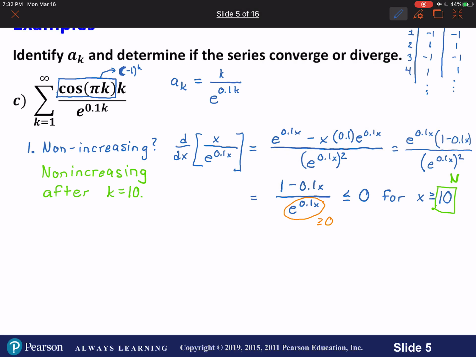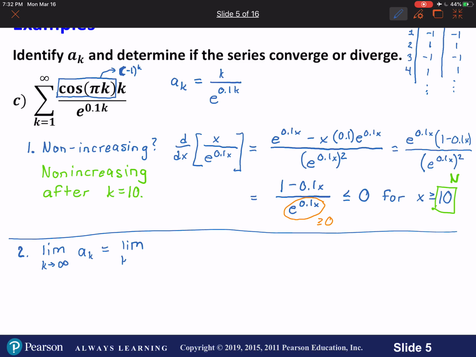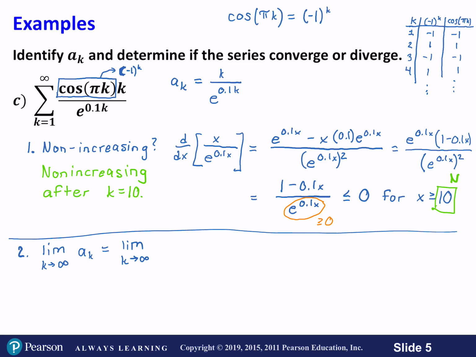The second thing that we should check is whether the limit is 0, and once again, I argue that this is simpler. Of a_k. Remember, we don't include that cosine of pi k. We're just taking the limit of a_k. So as k approaches infinity, we get k over e to the 0.1k.